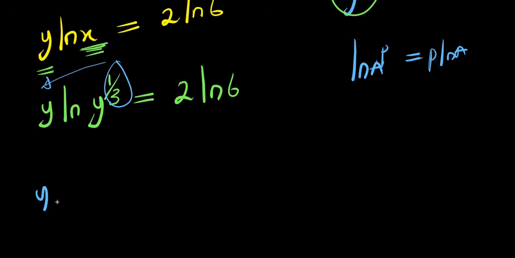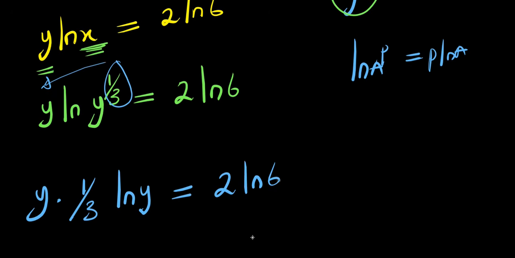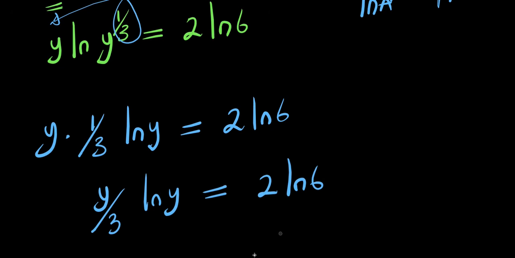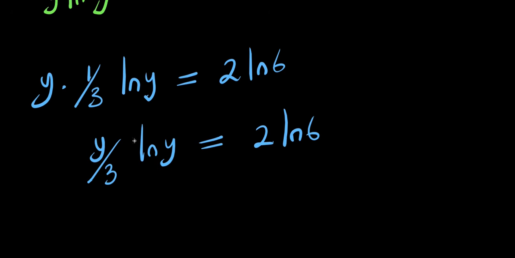So we have y times 1 over 3 of ln y equals 2 times ln 6. So from here we have y times 1 over 3, that is y over 3 of ln y equals 2 times ln 6. So what do we do?